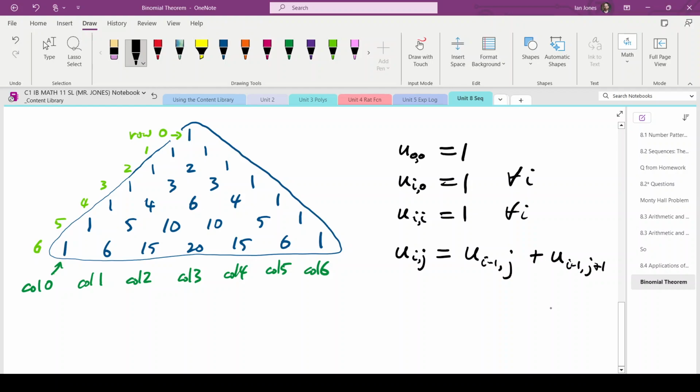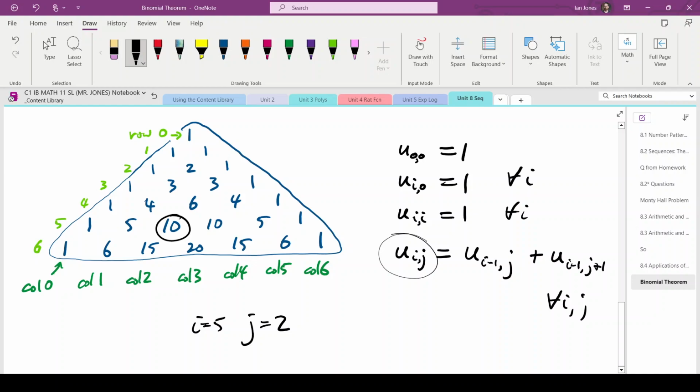Well, this is for all i and j, it says that to calculate the ijth term, what I do is I go 1 row up. So let's take, for example, this one here in row 5. So i equals 5. And column 2, so j equals 2. It says, look, go up 1 row and keep the same column.